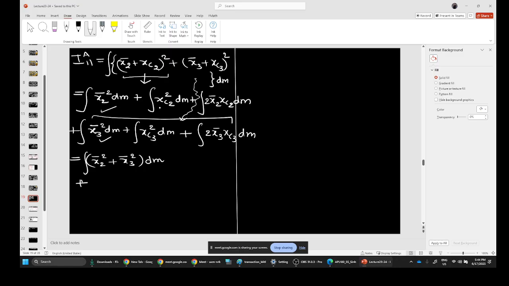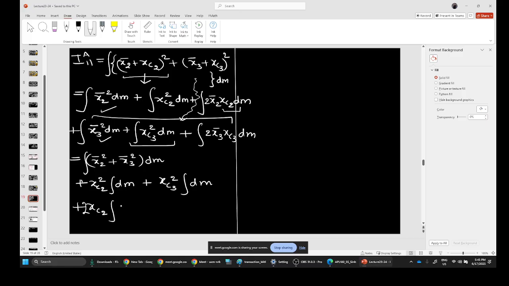Now here you see this xc2 square dm is a constant during the integration process. xc2 has nothing to do with the typical point P in the neighborhood of which we are considering the mass dm. And thus xc2 can be pulled out of the integration and this becomes xc2 square dm. Similarly, this term xc3 square is constant for integration. Same thing applies here. At least xc2 from here can be pulled out of the integration.